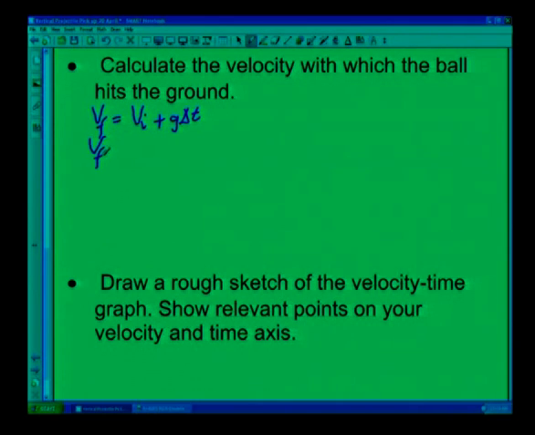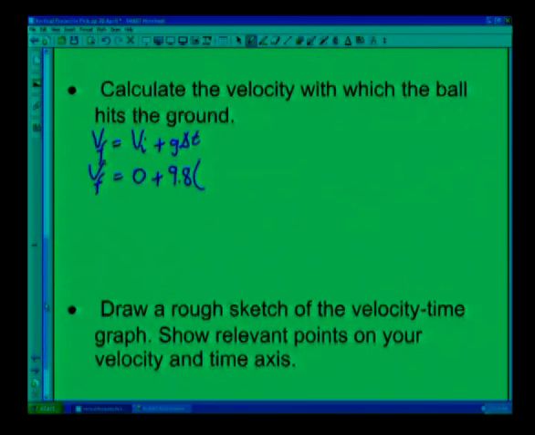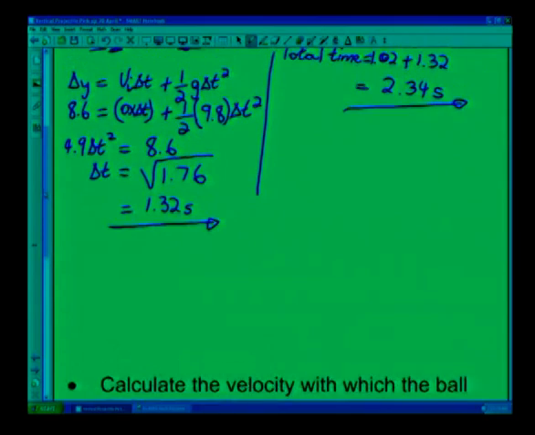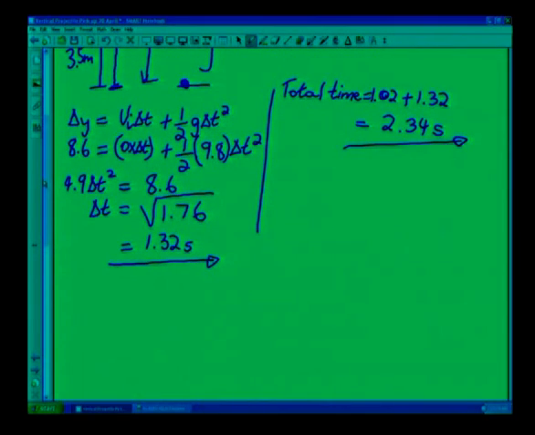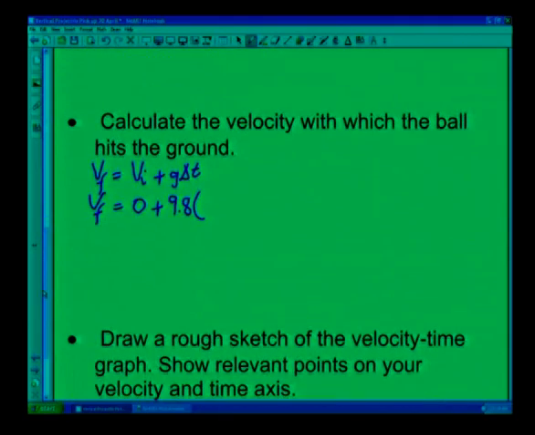So it will be V final equals, V initial is the ball's velocity at the top, at the turning point, we know that it's 0, plus this is what? Positive 9.8. And what is our time? The time to come from the top and hit the ground. This is the time. Okay? That's 1,32 seconds.